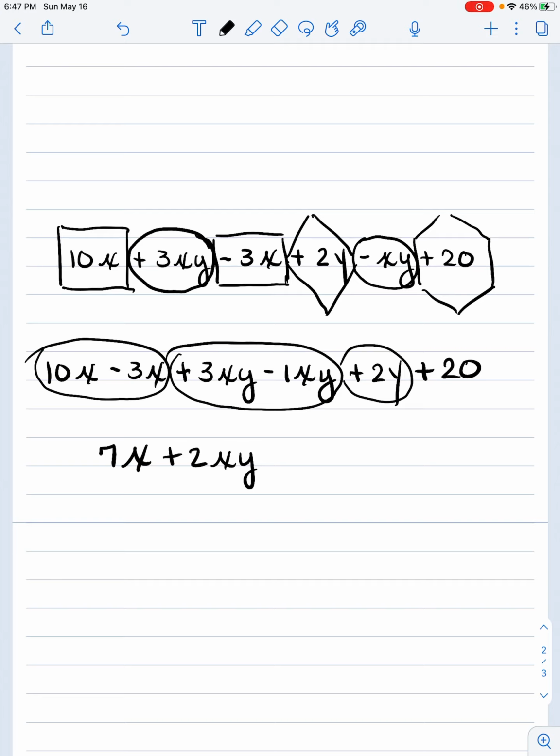And then we have the plus 2y. And then the plus 20. And we are done combining our like terms. And just like that, we see how important organization is to certain things in math, especially when we combine like terms.